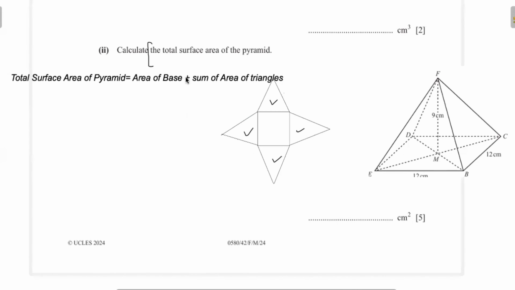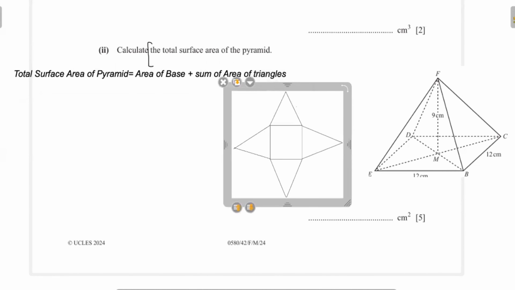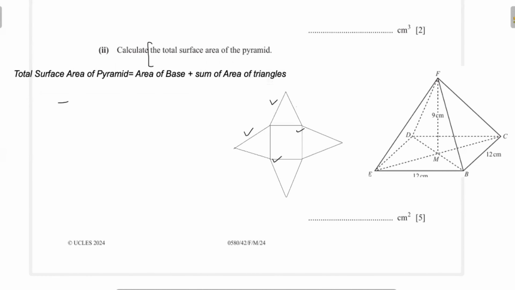triangles. You see here the area of the base is the area of a square, and that is 12 into 12. This is 12 multiplied by 12 plus the sum of areas of triangles, that will be equal to 4 times the area of a triangle. We will take the area of any triangle.